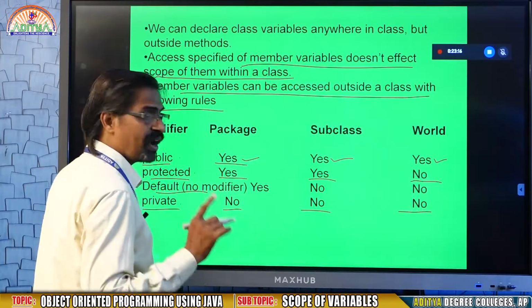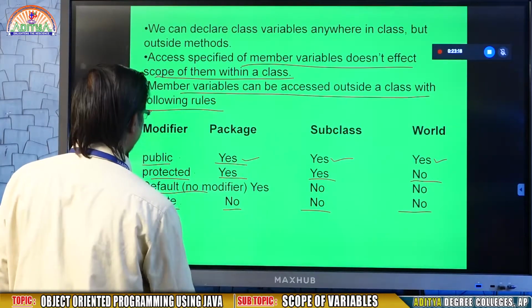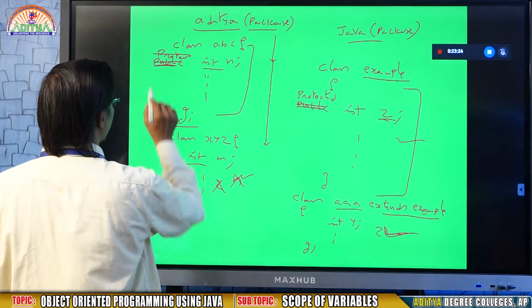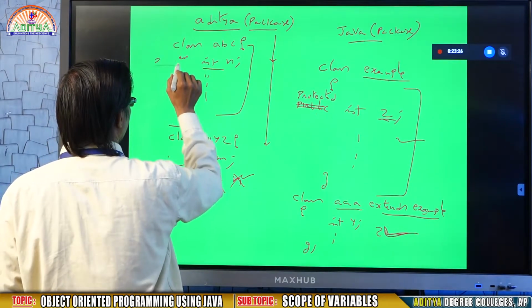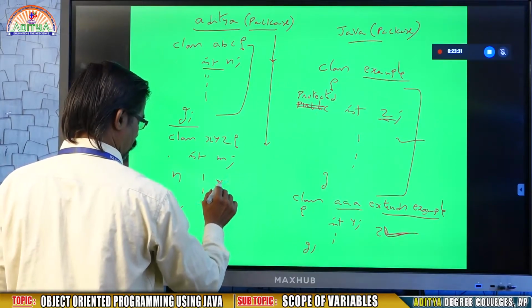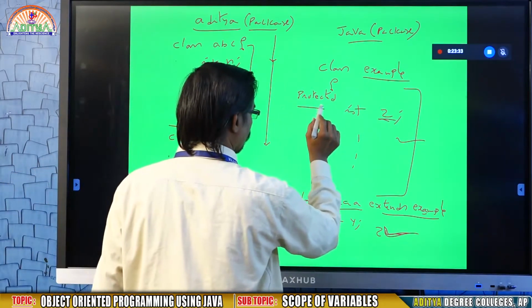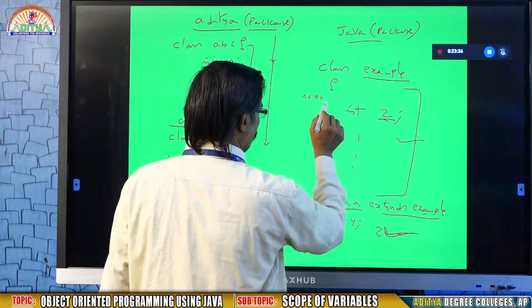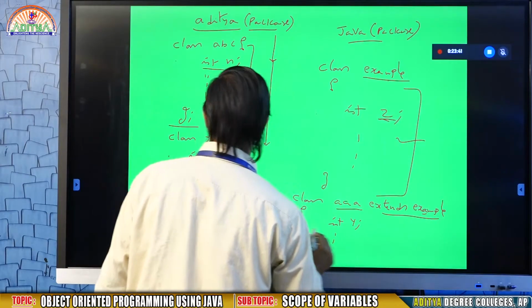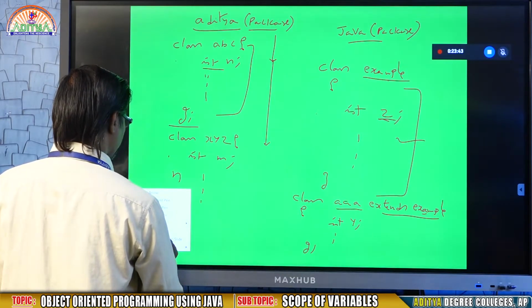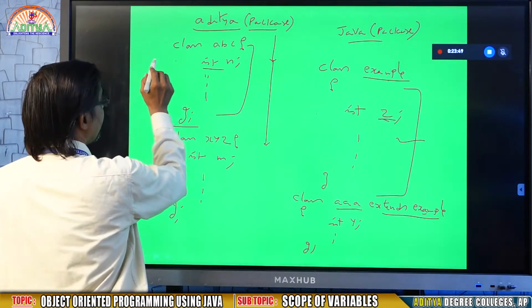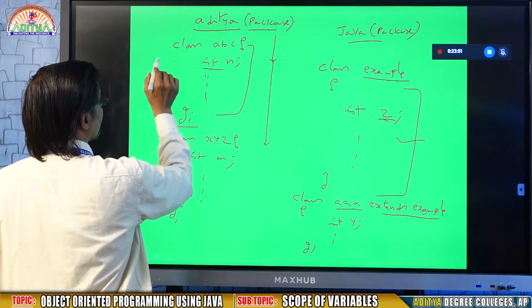Default. By default there is only one thing, that is if you are not defining any access specifier for a variable, it is called default.